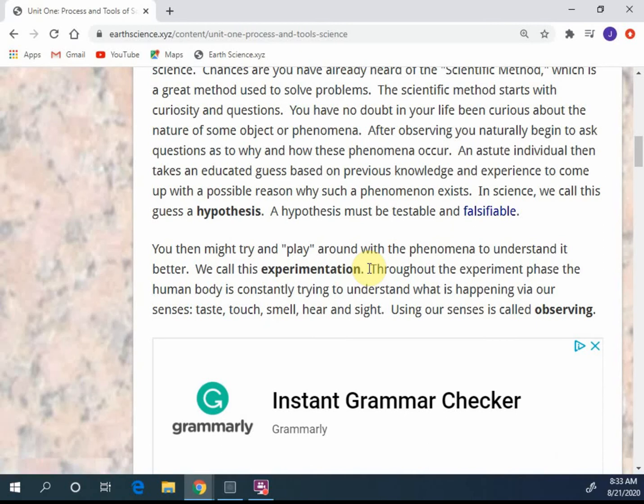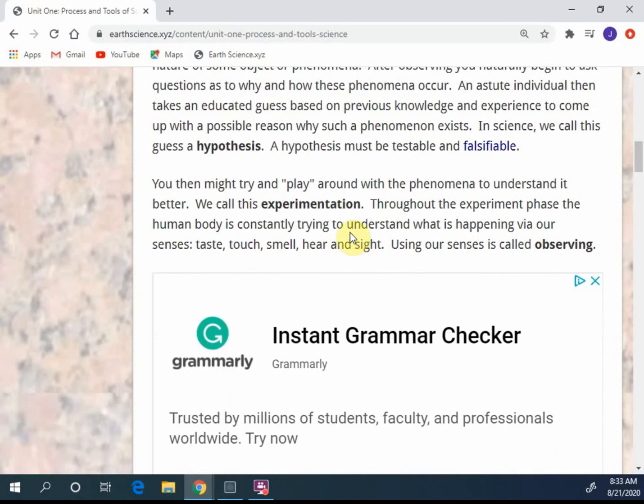Now, during this experimentation, you will be using your senses such as taste, touch, smell, hearing, and sight to observe what's going on. That's very valuable, because without that, you really can't draw any conclusions. Do not forget that. Okay?